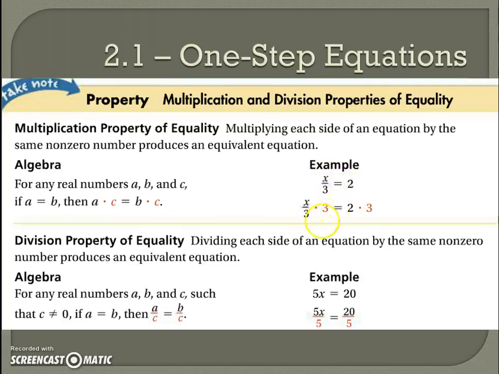If I multiply both sides by 3, that's going to get rid of this, and I'm left with x equals 6. It stays true. Same thing with division. As long as I divide both sides by the same value, it stays true. So here it's divided by 5. Those would be gone. You'd be left with x equals 4. That should not be anything new to you.